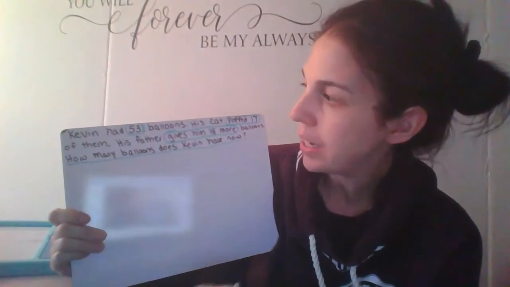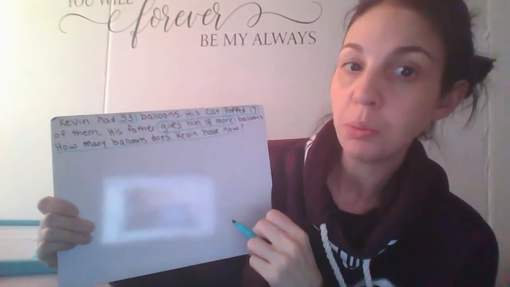Okay? So to start our tape diagram, we know he started out with 53 balloons. And we know that 17 of them got popped. So what should our tape diagram look like? Go ahead and start writing it on your paper, and I'm going to get set up here and we'll see if your answer matches what I was thinking.